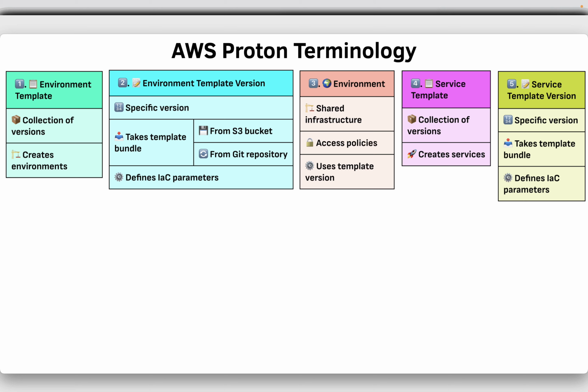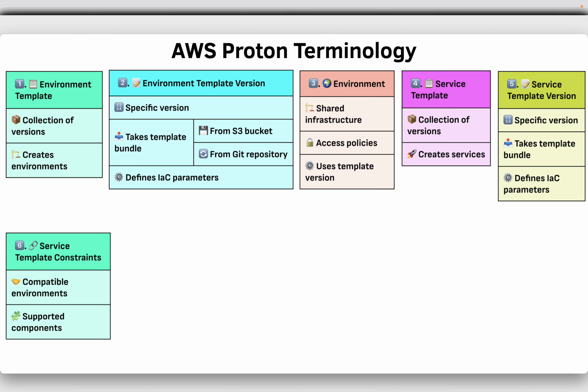The bundle specifies infrastructure as code, IAC, and related input parameters for a AWS Proton service. A service template version also specifies these constraints on the service instances based on the version. Compatible environment templates: instances can only run in environments based on these compatible environment templates. And supported component sources, the types of components that developers can associate with instances.